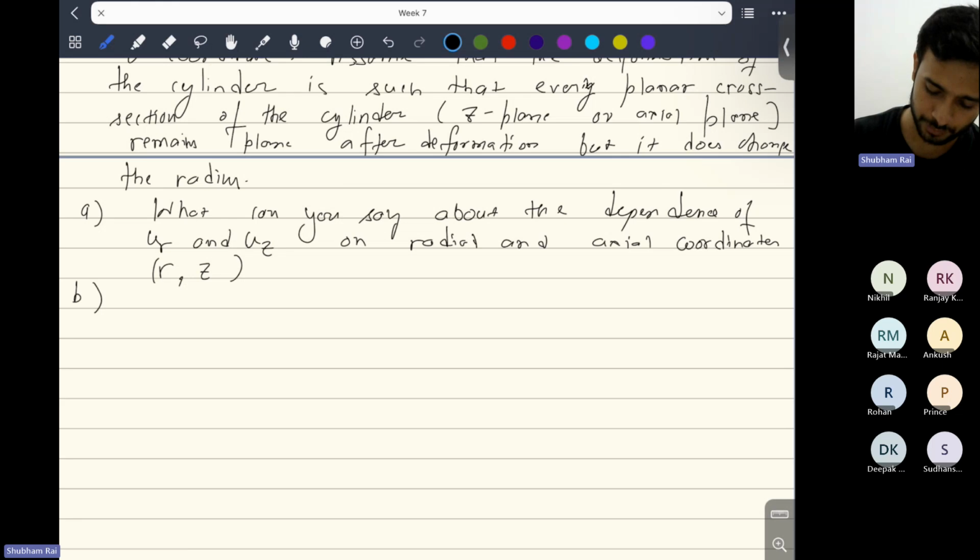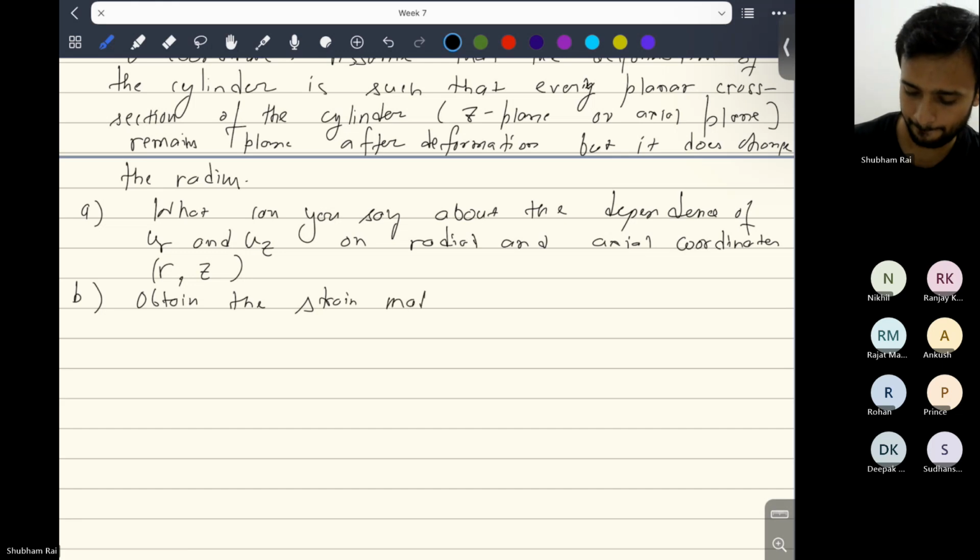Second, we have to obtain the strain matrix and the stress matrix of the above problem.